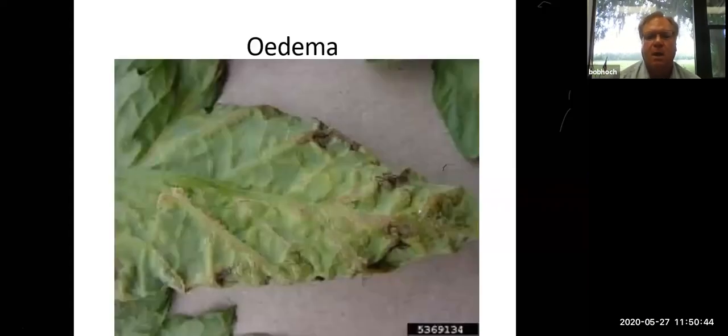This next one here is a disorder known as oedema. We can see it on tomatoes. We more frequently would see it on cabbage. This is a situation where you have a lot of high temperatures, and so the plant is growing really, really well. And then you get into a period of heavy fog and dew and temperatures like that, yet the root system is still pumping hard.